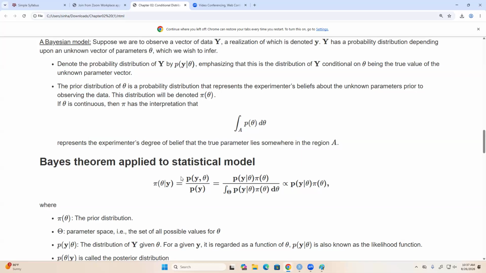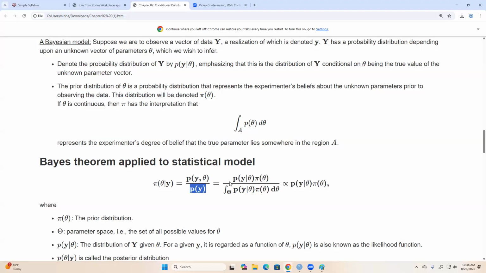So pi(theta given y) is the conditional distribution of theta given the data. It is the joint distribution of data and theta divided by the marginal distribution of the data.